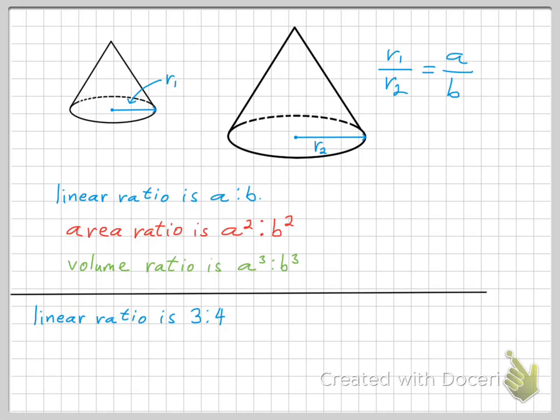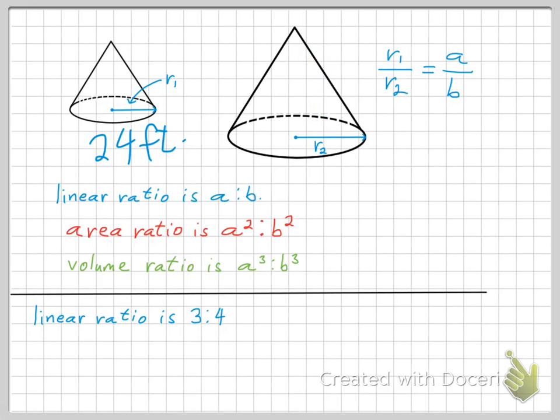As another example, let's just say for the sake of argument that the linear ratio is 3 to 4. And let's say I want to compare the two areas, the area of this versus the area of that. In other words, maybe I know the area of this one is 24 square feet or something. What's the area of this solid?